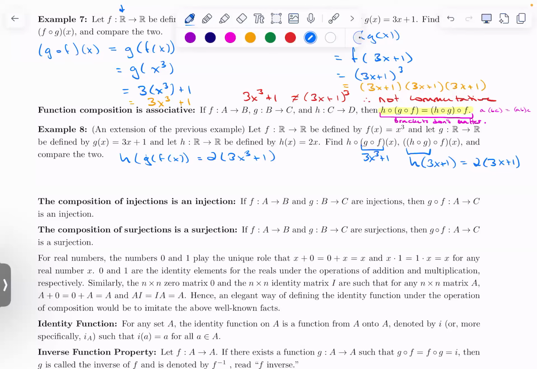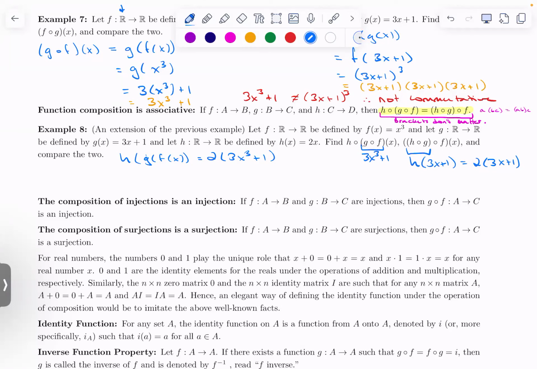I did it here, but it looks like it's supposed to work. Oh, I see the problem.